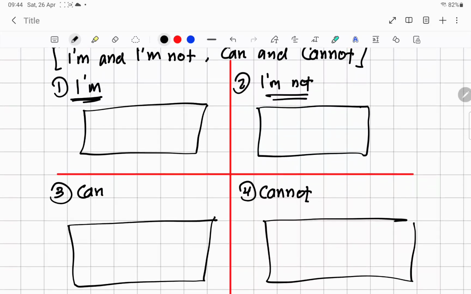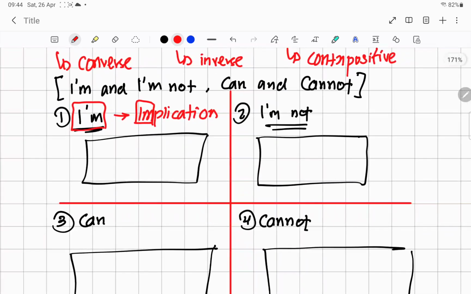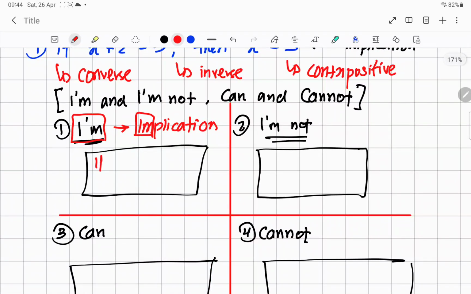For I am, you will put the implication statement. Why do I know? Because I am is the implication. So the implication given here, the answer is: if x plus 2 equals 5, then x equals 3.